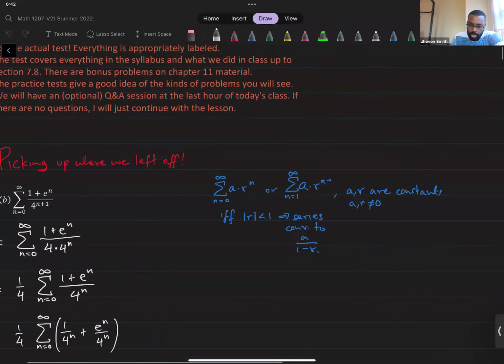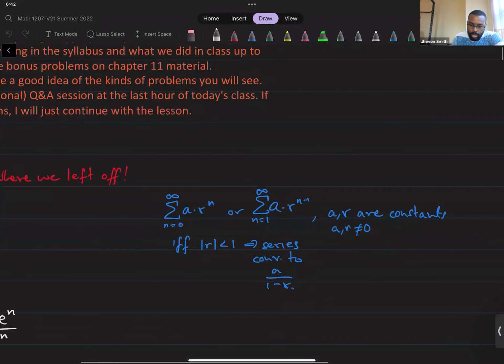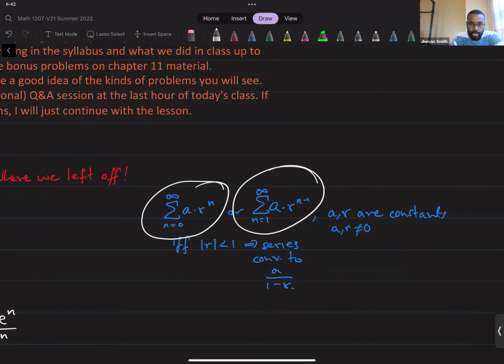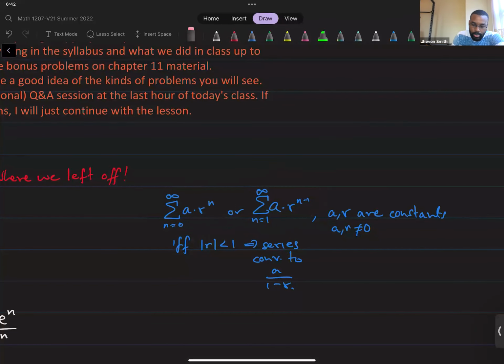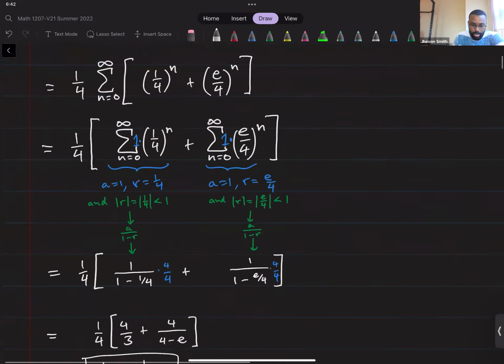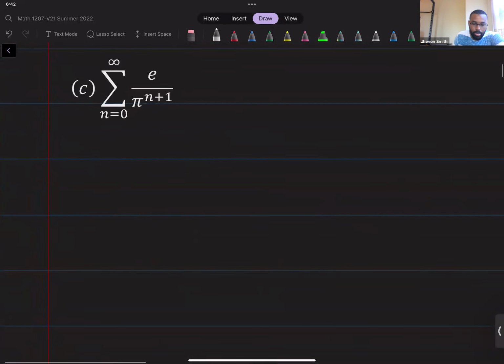Right. So when you say something is geometric, you're saying it looks like this or it looks like that. That is precisely what you're saying, which means you should be able to tell me what the a and the r are. Right. So what would they be here? Does that look like that? No, it doesn't. We have to do manipulation. Does this look like a constant times a constant to the n?